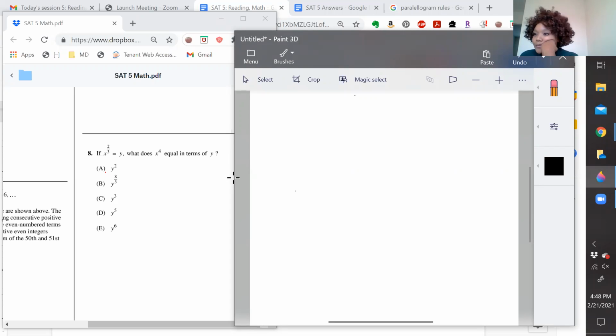So you set up a proportion like that, because proportions and fractions are the same things. It just means for every something, you get something else.